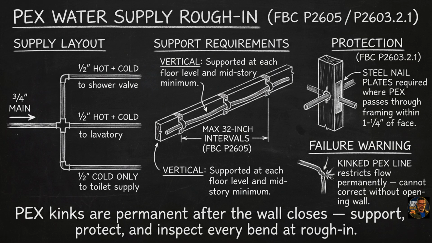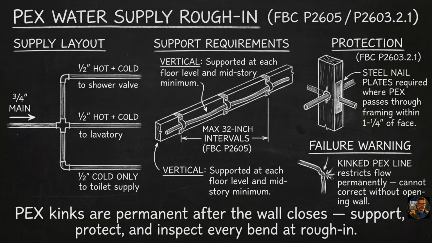PEX supply lines, 1/2 inch hot and cold. Branch from the 3/4 inch main to serve the shower valve, lavatory, and toilet cold supply. FBC P2605 requires support at maximum 32-inch intervals. Steel nail plates are required wherever PEX passes through framing within 1 1/4 inches of the face.